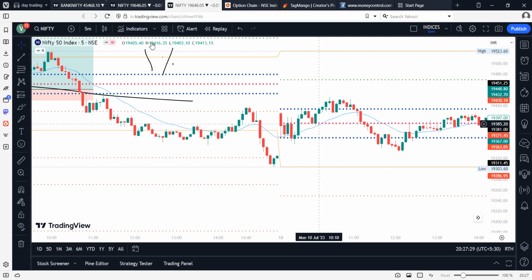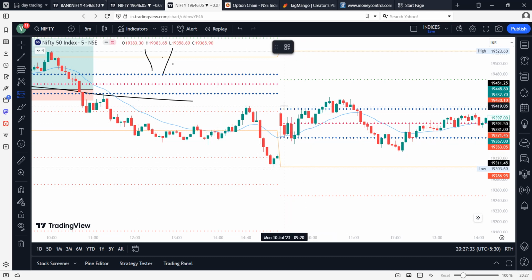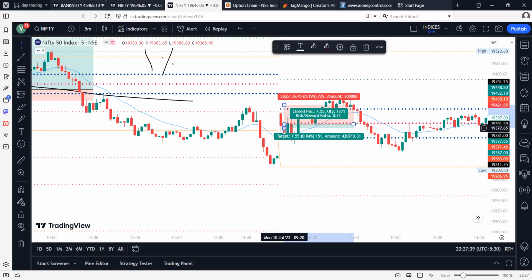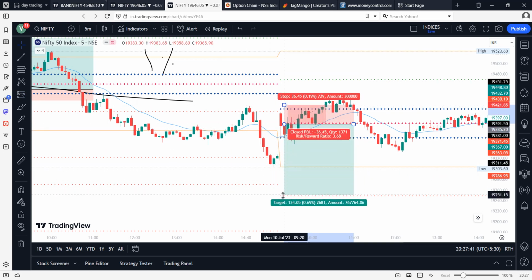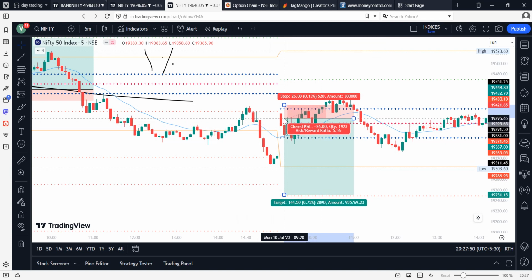Now what we have to do? We have to take the short position, and we are ready to take the short position like this. We have to place our stop losses above here, and we place the target here. Now the stop loss is very high. I strictly say that you have to put your stop losses above the CPR.